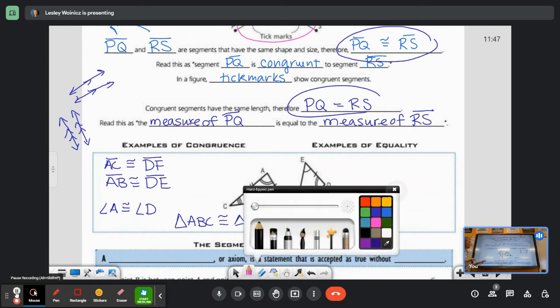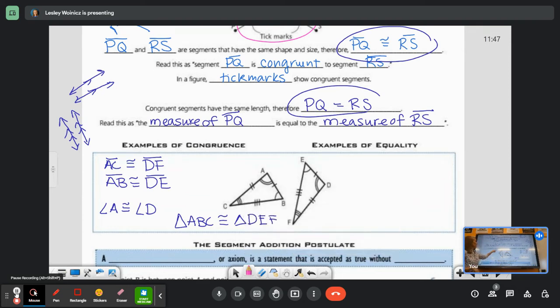And here's equality. Because AC is congruent to DF, we know that the measure of AC is equal to the measure of DF. They have the same length. And then we could do it for all of them. The measure of AB is equal to the measure of DE.